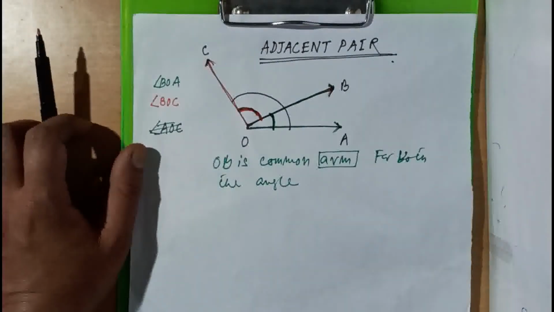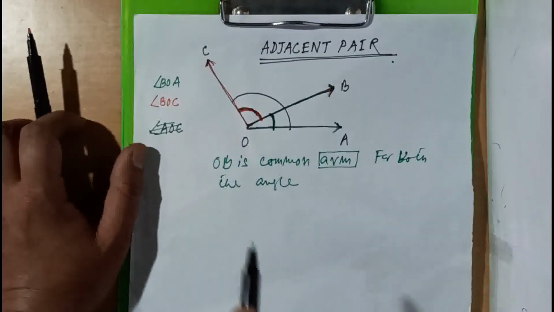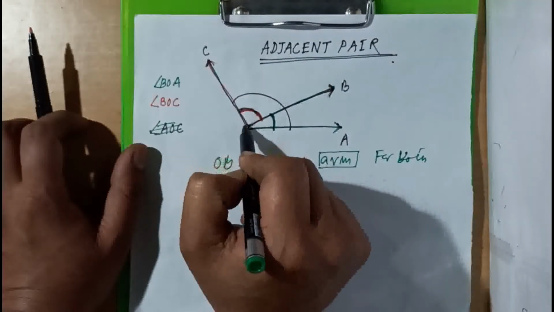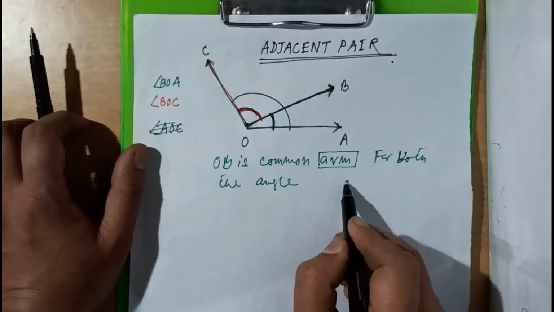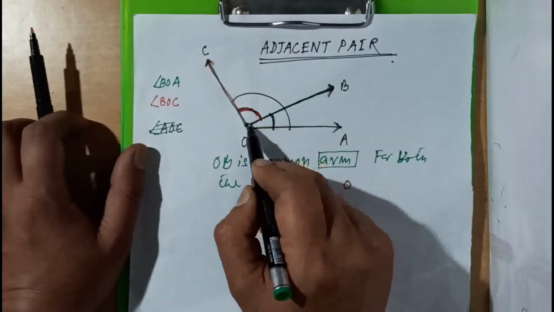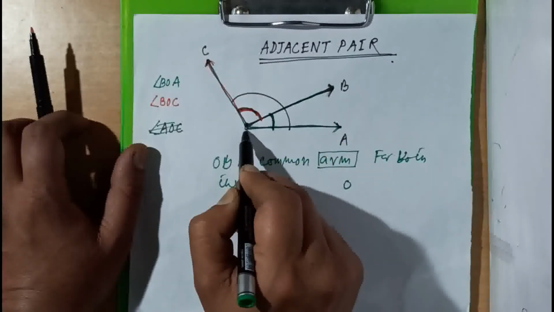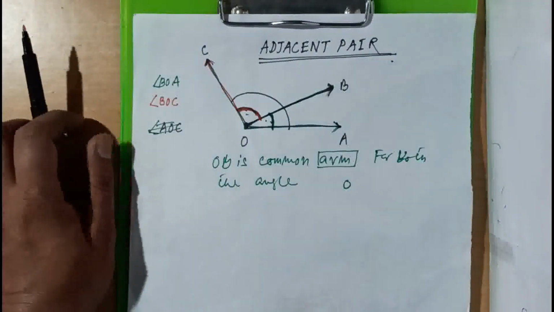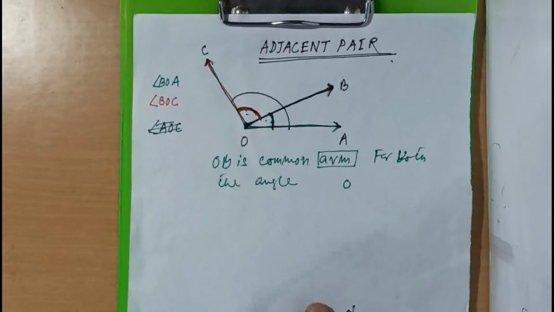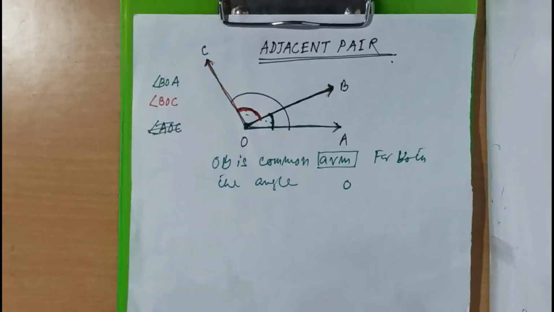Now if you see the vertex, for this angle what is the vertex? O. For this angle also the vertex is O. That means for both the angles the vertex is the same, it is O. So this type of pair is called an adjacent pair.